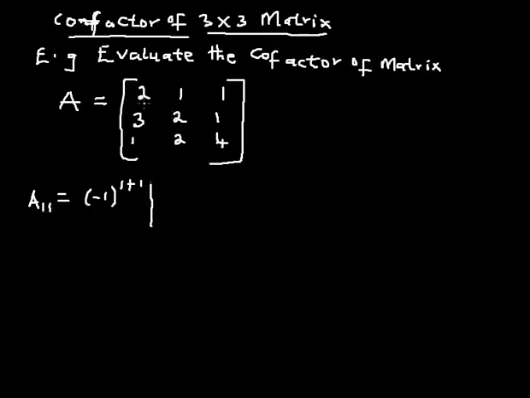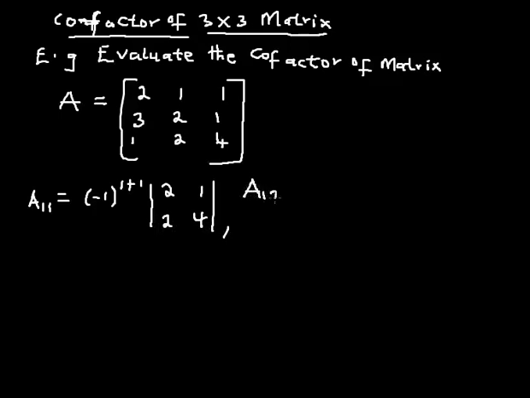The determinant of its minor is what you have left when you cross the row and cross the column, that's going to be 2, 1, 2, and 4. Okay, so that's a11.